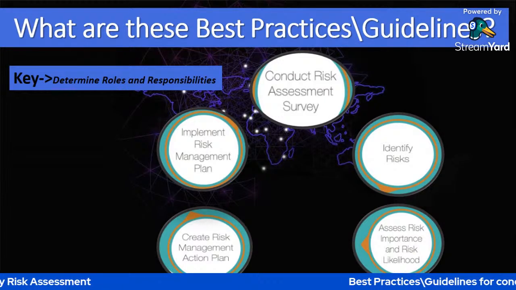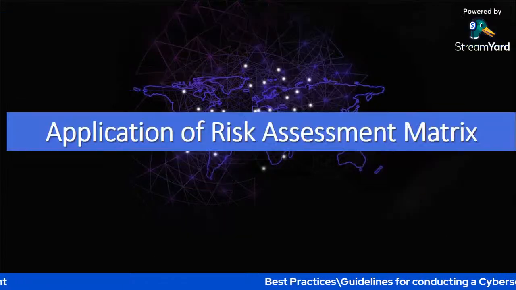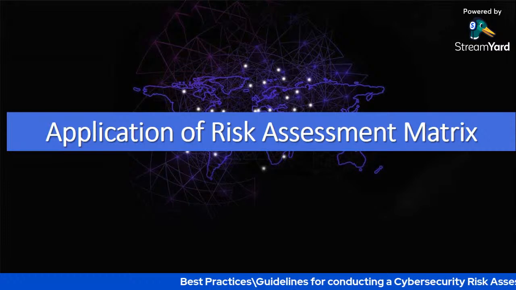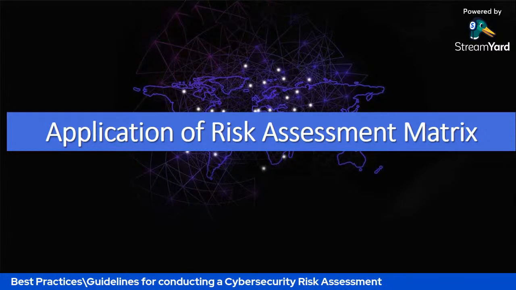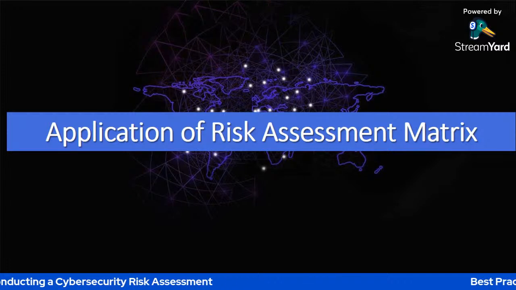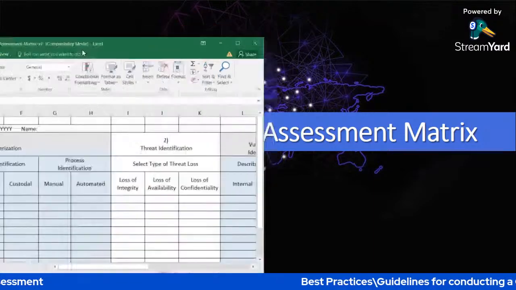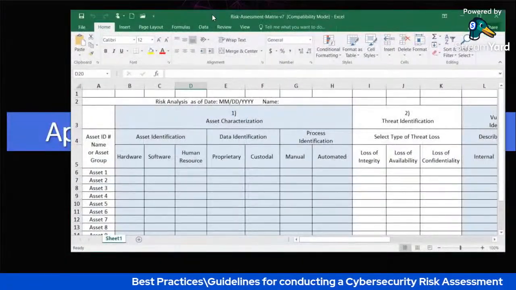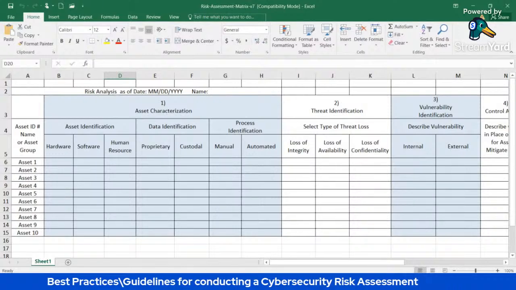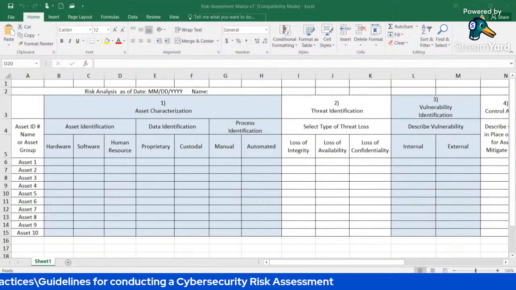And let me quickly share with you the application of a risk assessment matrix that you can develop to carry out this risk assessment activity in your organization. So there we have our risk assessment matrix.